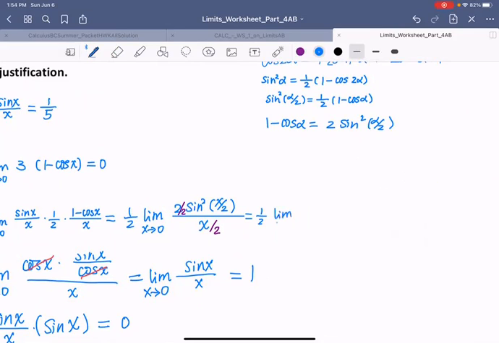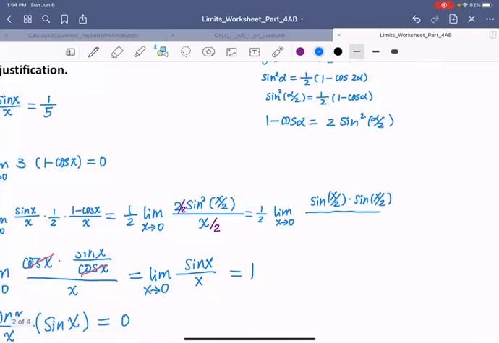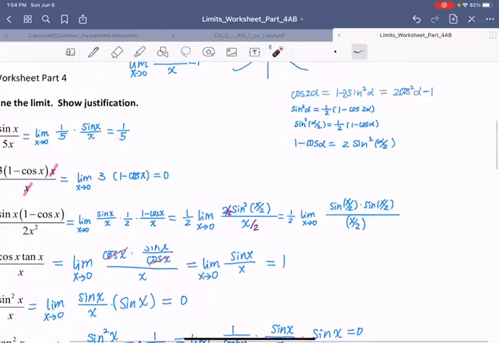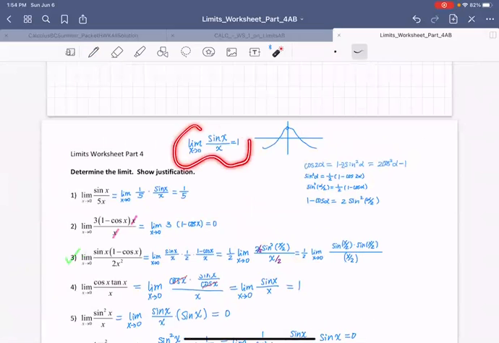Limit as x approaches 0. This is sine x over 2 times sine x over 2 over x over 2. Now, our starting point is here.